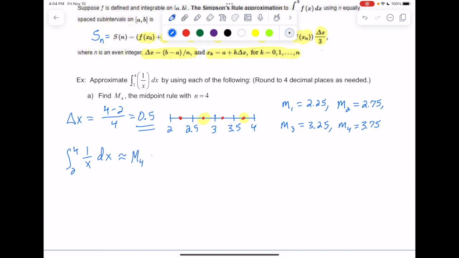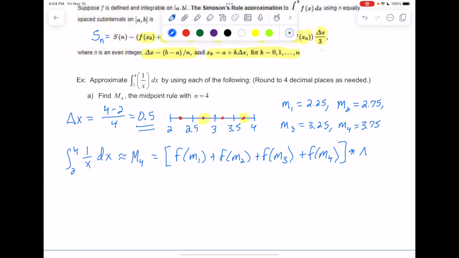According to the formula, we just take f of m1 plus f of m2 plus f of m3 plus f of m4. Once you have all those heights calculated, you multiply that times delta x, and that will give you your approximation. But what is the f that we're talking about?